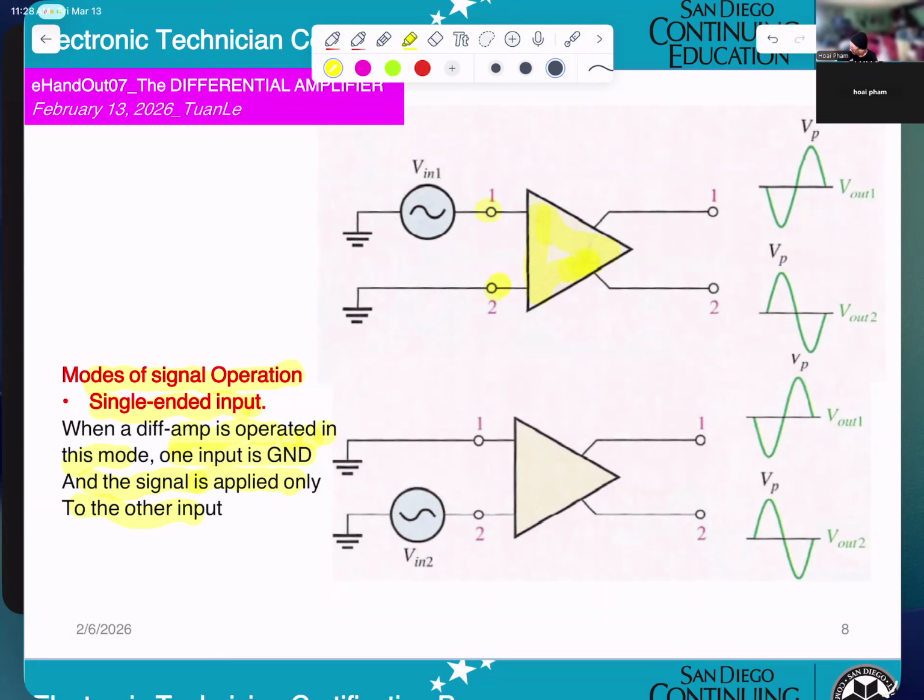However, in this case, they apply the signal to only one input and the other one will be grounded. Either apply to pin 1 or pin 2, it doesn't matter. Okay? And look at the output. Output 1 will be opposite to the input signal. Output 2 will be in phase with the input signal.